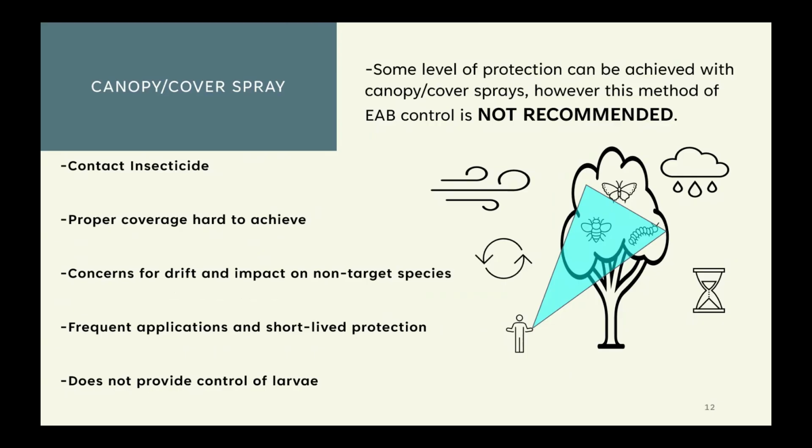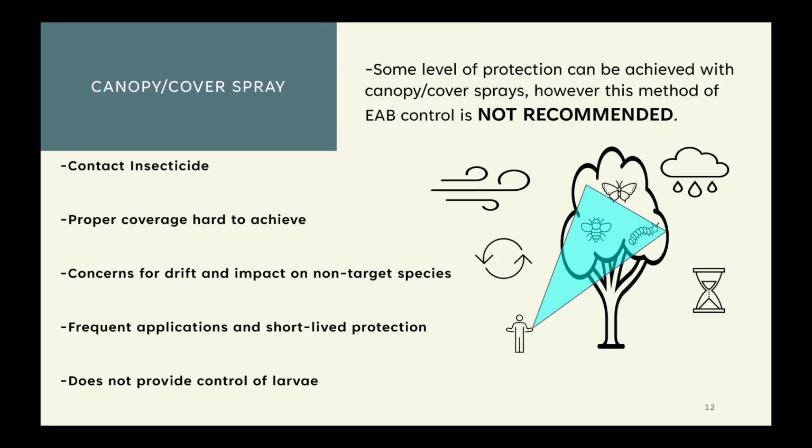Canopy and cover sprays, as mentioned earlier, do potentially offer some level of protection, but are generally not recommended for EAB control, for a few reasons. One of which is that it's intended to serve as a contact insecticide, meaning the insecticide will have to come in contact with the insects to provide any level of control.